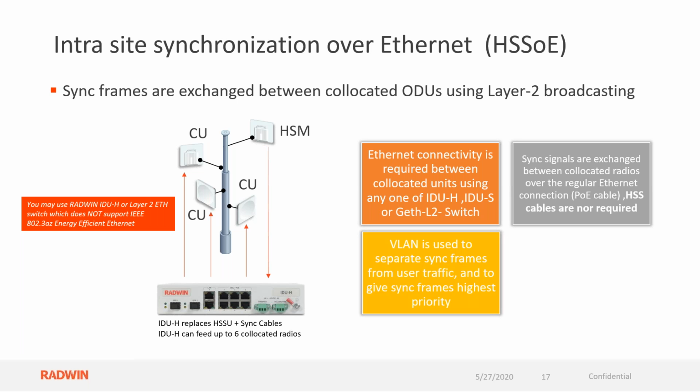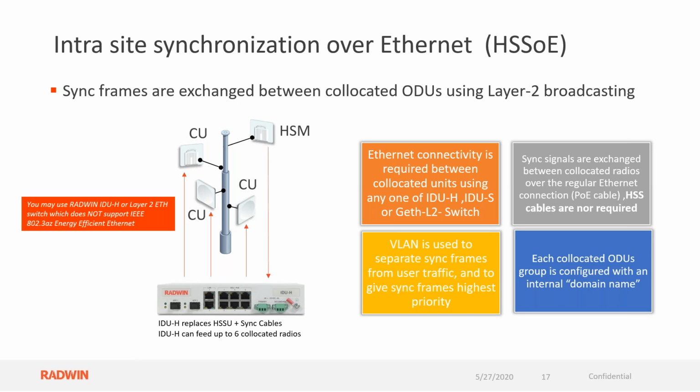VLAN is used to separate sync frames from user traffic to avoid broadcasting, and each collocated ODU is configured with an internal domain name. This is the way we can avoid broadcasting between different domains or between different VLANs.